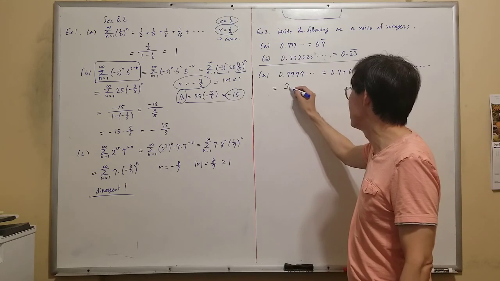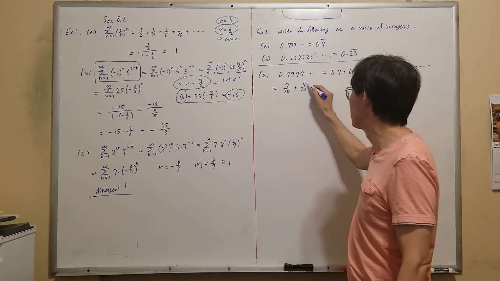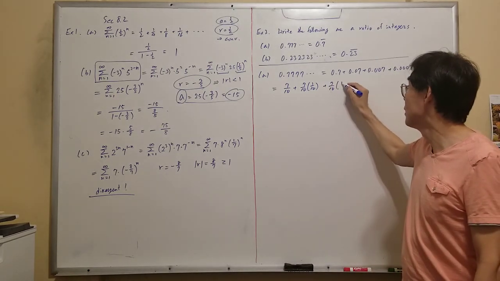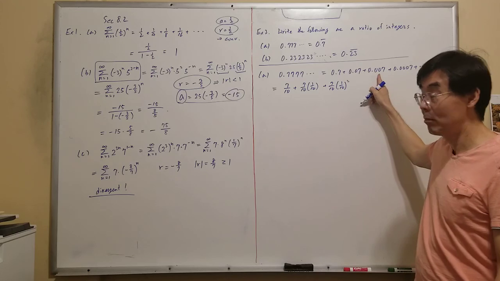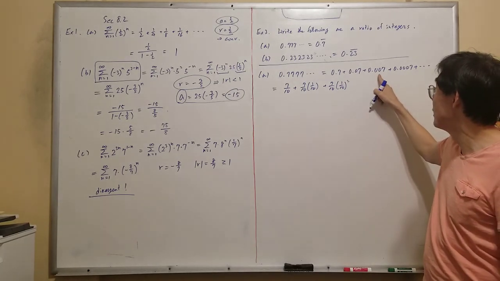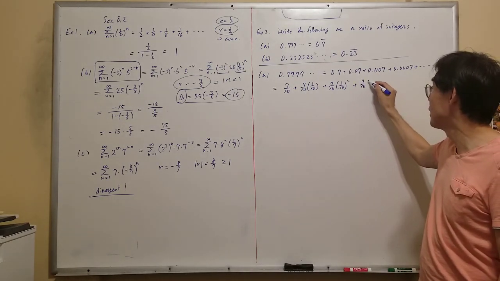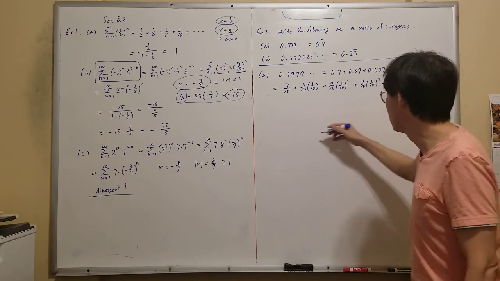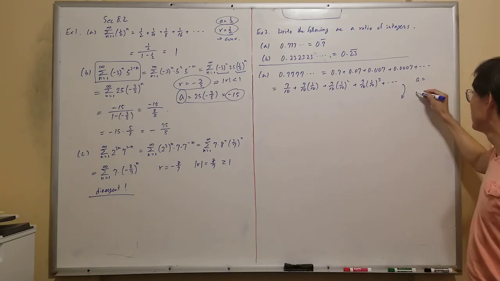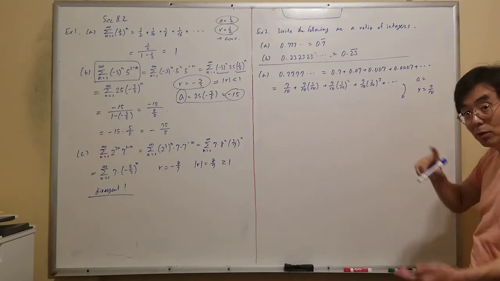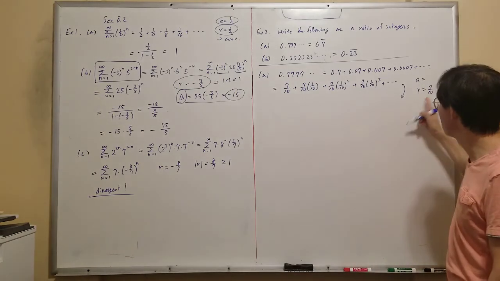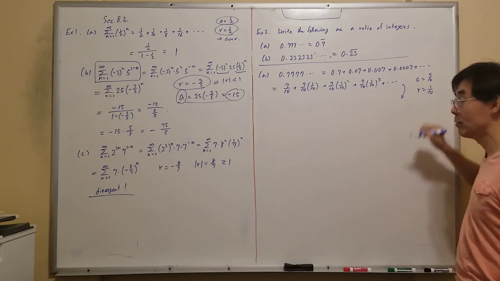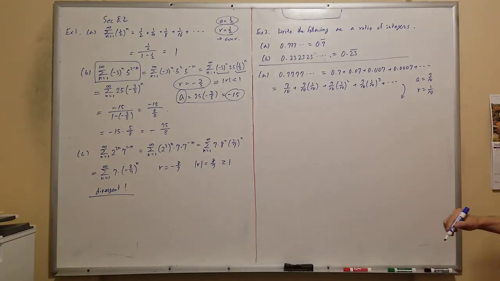You can write this as 7 over 10 plus 7 over 10 times 1/10, 7 over 10 squared, 0.007. So this is a geometric series. Common ratio equals 1/10. The absolute value of r is less than 1, so it is convergent.